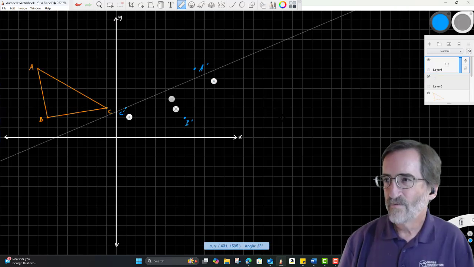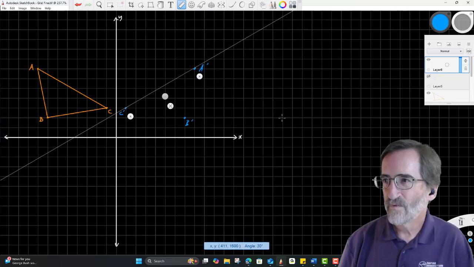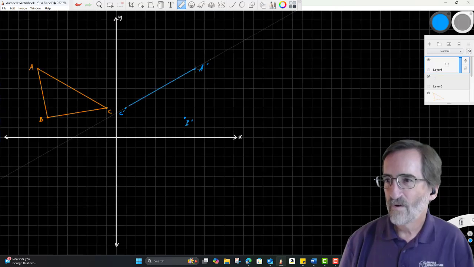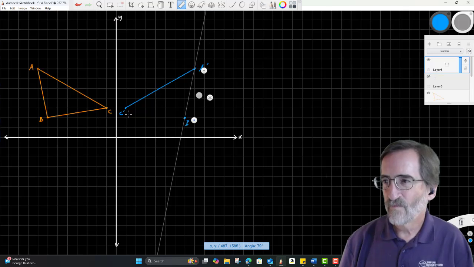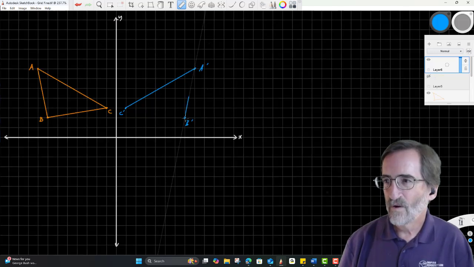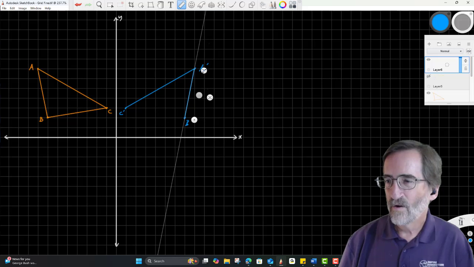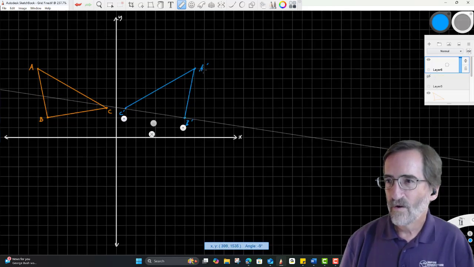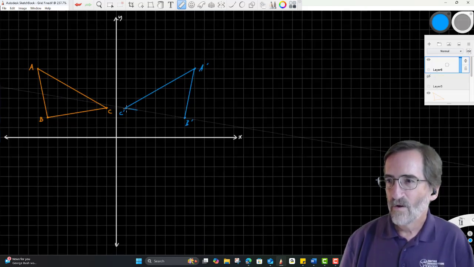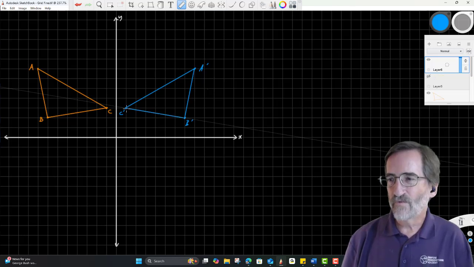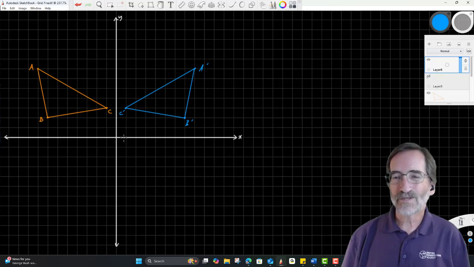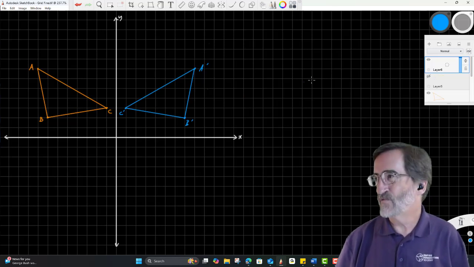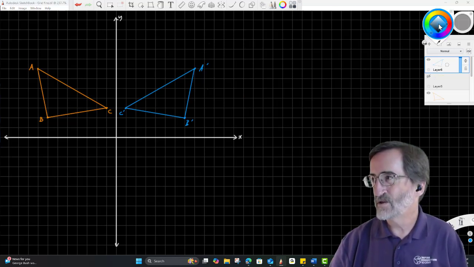Okay. And here we go. All right, I get that butterfly effect again. And now I'm going to reflect across the x-axis, which is a vertical reflection.